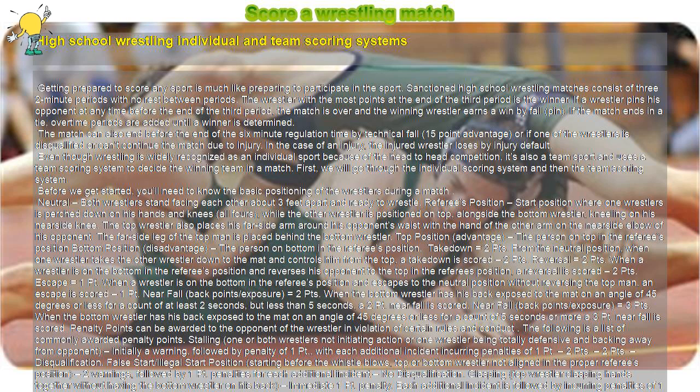Quick tips: before each match, wrestlers are assigned a color, green or red, that corresponds to green and red wristbands worn by the referee on each wrist and used to award points during the match.